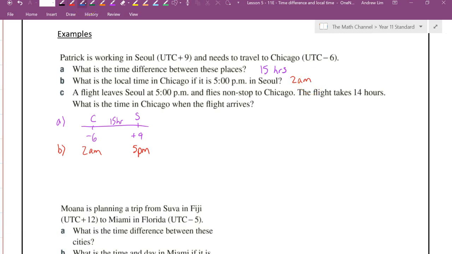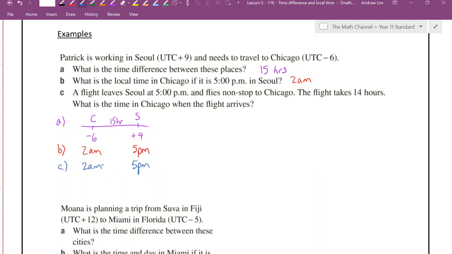Question C. A flight leaves Seoul at 5 p.m. and flies non-stop to Chicago. The flight takes 14 hours. What is the time in Chicago when the flight arrives? Leaves Seoul at 5 p.m., flies non-stop to Chicago. That means it's actually 2 a.m. in Chicago when the plane leaves Seoul.